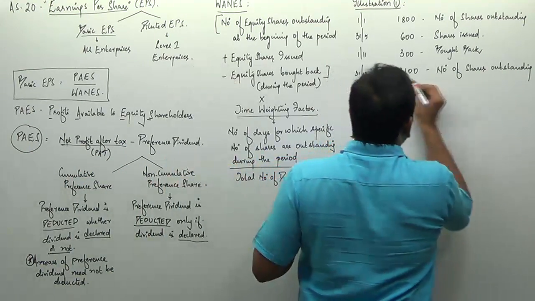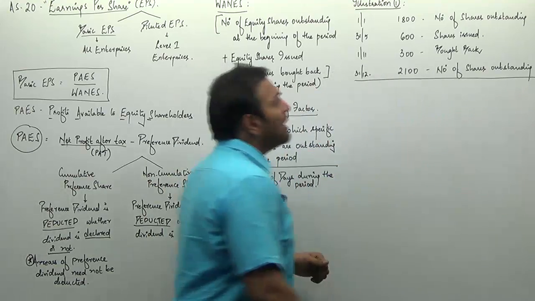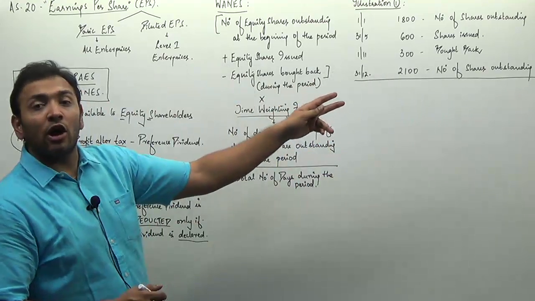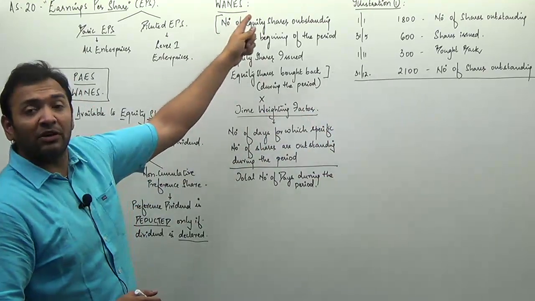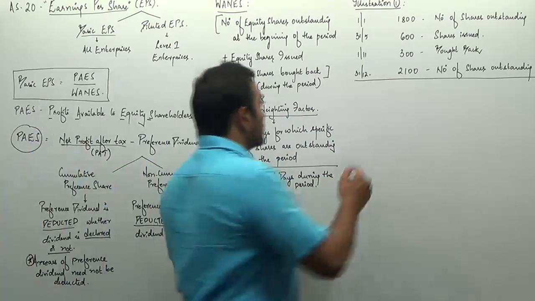Now, if this is the basic information given, I can calculate the weighted average number of equity shares in two methods.